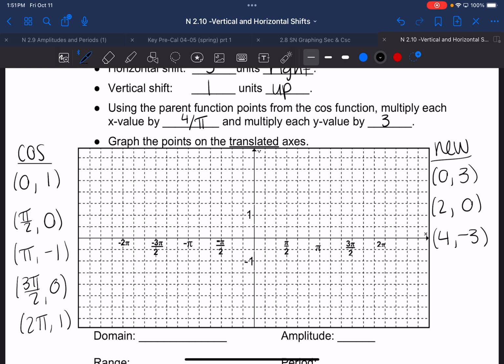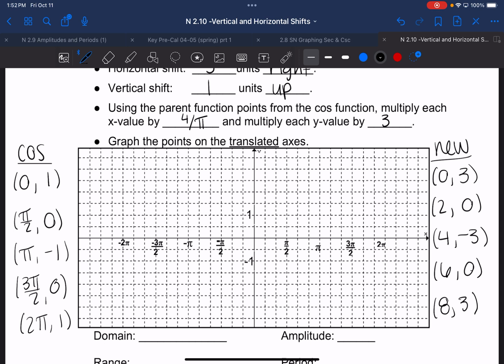And what's 12 divided by 2? 6. All right? And then 0 times 3 would still be 0. Okay. Then 2 pi times 4 over pi. Again, my pi's are going to cancel out, so I'm left with a 2 and the 4 in the numerator, which would give me 8. And 1 times 3 is 3. Okay.